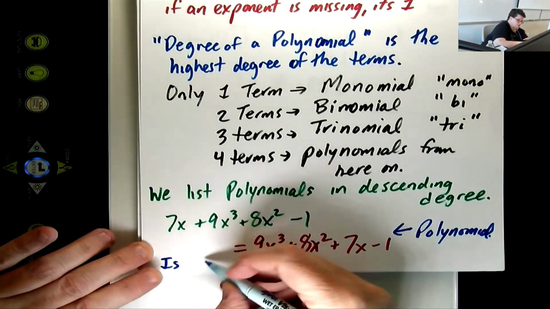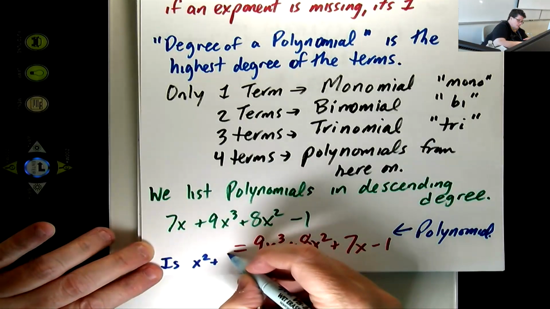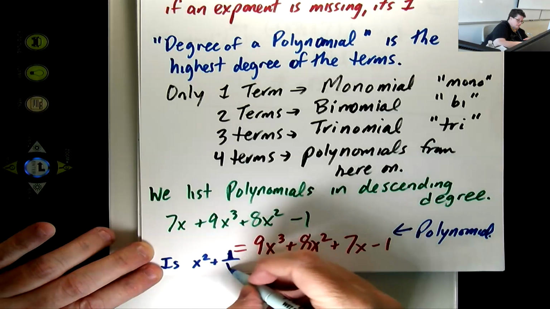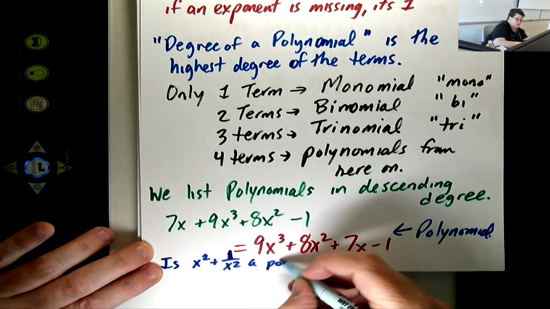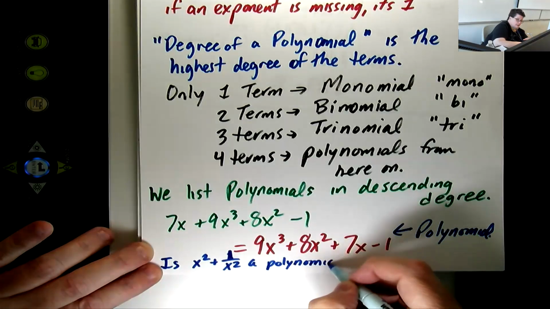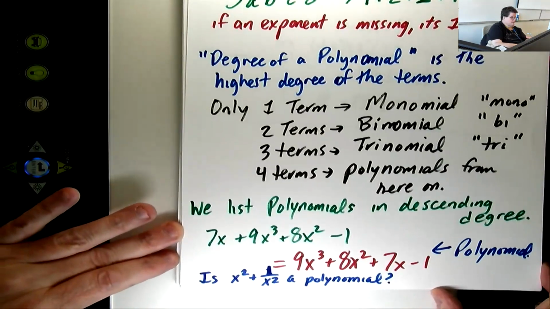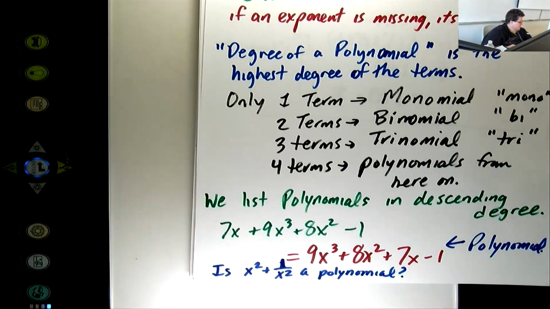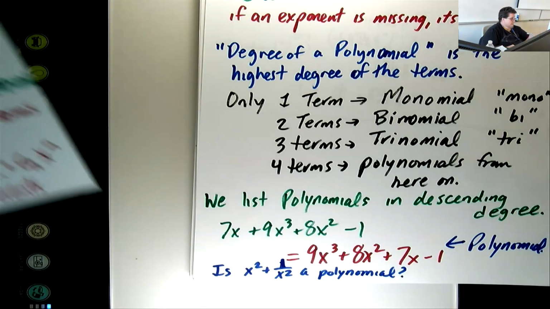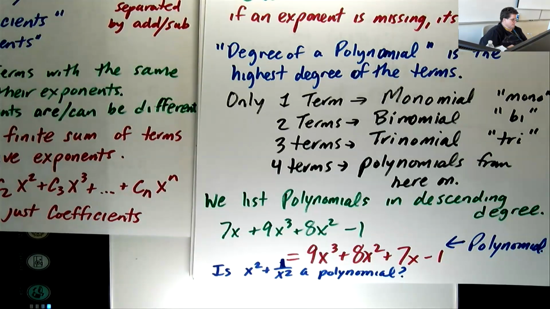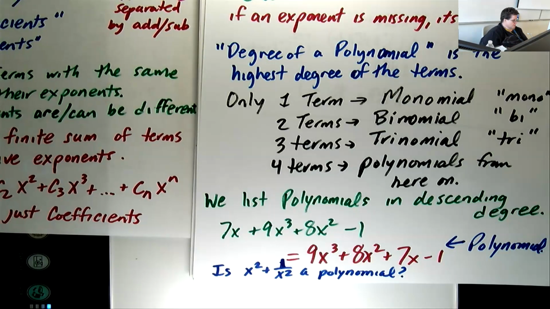I only got one more question, then I'm gonna let you go. Is x squared plus 1 over x squared a polynomial? Let's go back and look at what Mr. Jones said. Mr. Jones said a polynomial is a finite sum of terms with non-negative exponents.